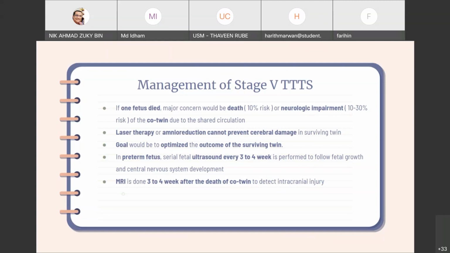Normally, in a preterm fetus, fetal ultrasound will be done every 3 to 4 weeks to follow fetal growth and central nervous system development to assess it closely. And then MRI is done 3 to 4 weeks after the death of the co-twin to detect any intracranial injury.